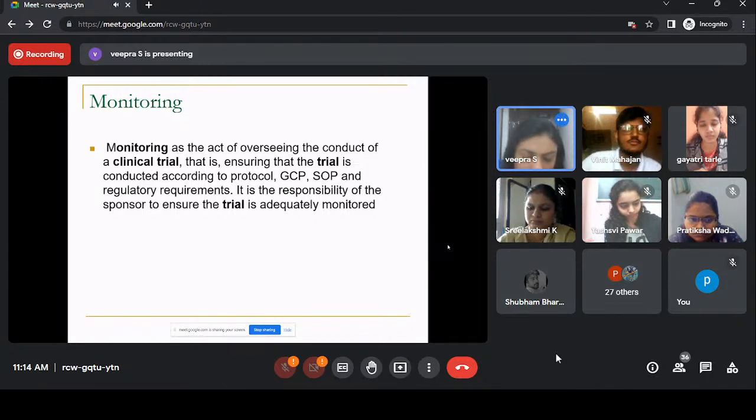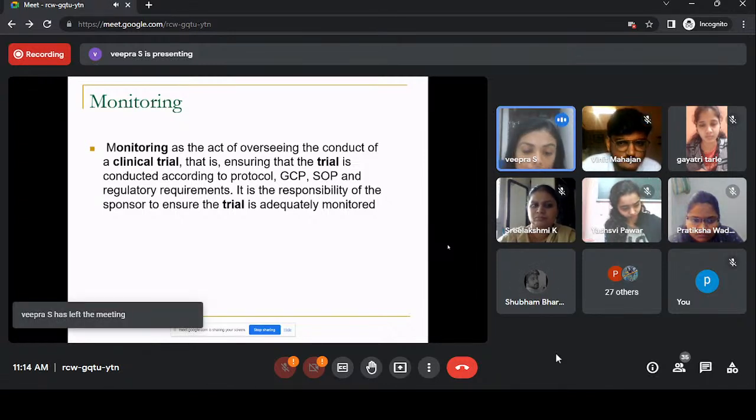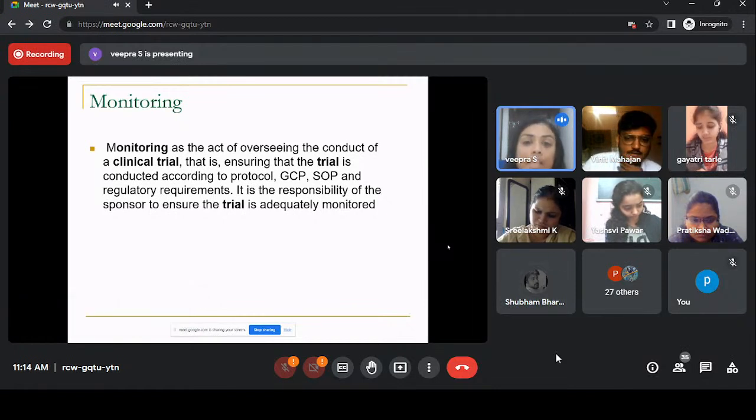For every site, the sponsor will allocate monitors for the study. So what is the purpose of the monitoring? They need to confirm that the rights, safety and well-being of the trial subjects are protected, and that the reported data is accurate, correct and verifiable from the source document.